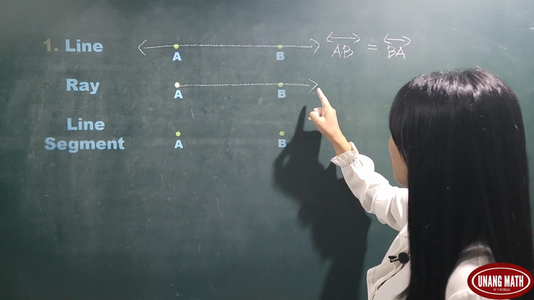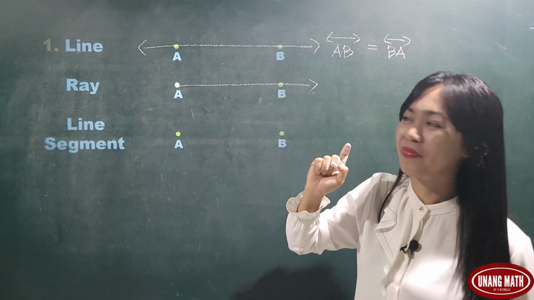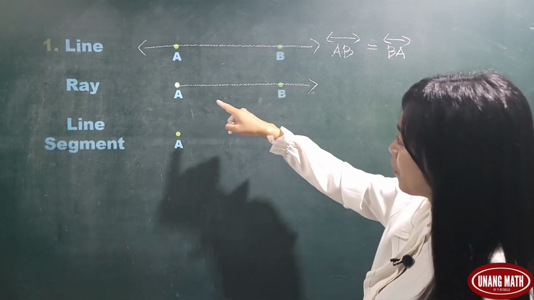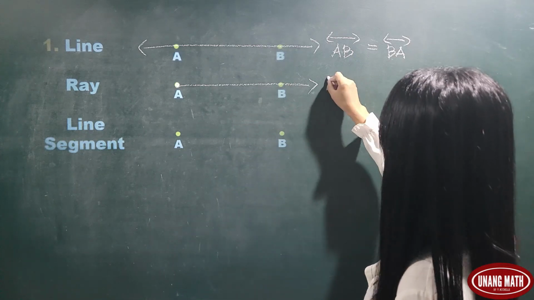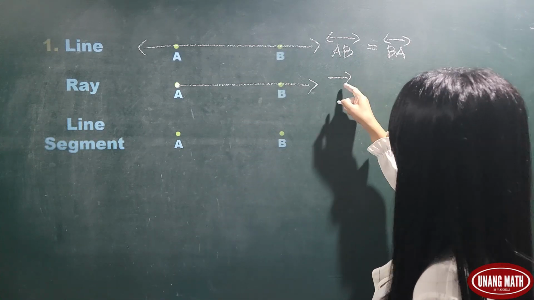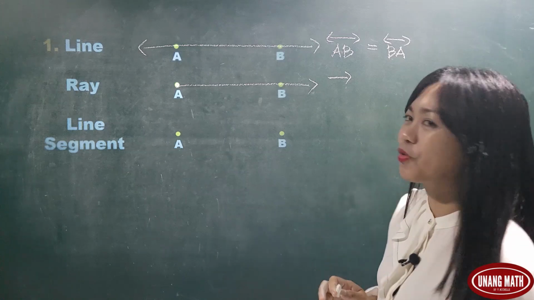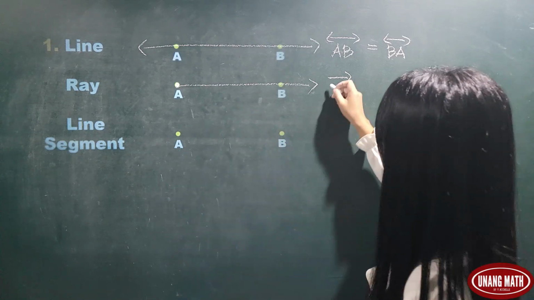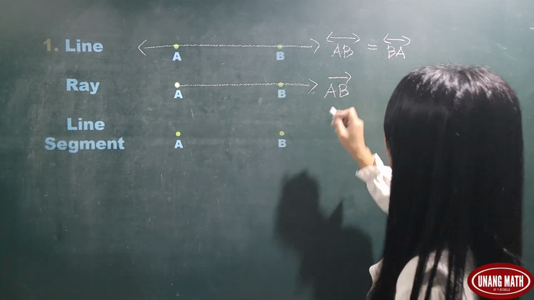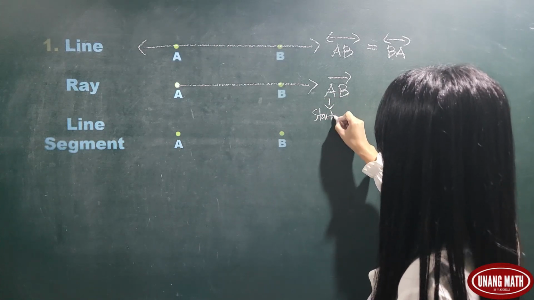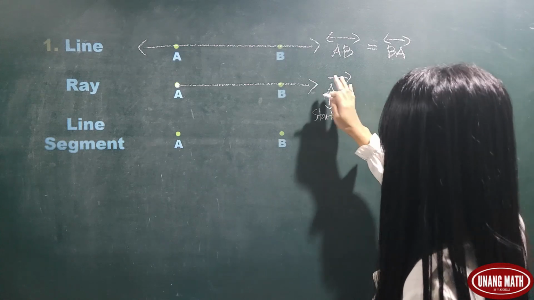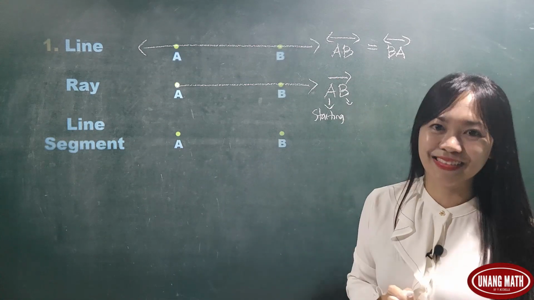So we have to draw an arrow. So how are we going to write ray AB? The symbol for ray is a horizontal line with an arrow pointing to the right. So this is ray AB. So point A is the starting point and this side extends endlessly.